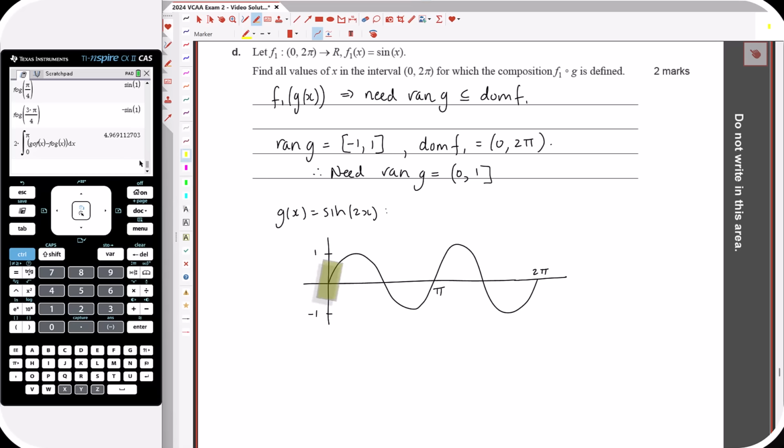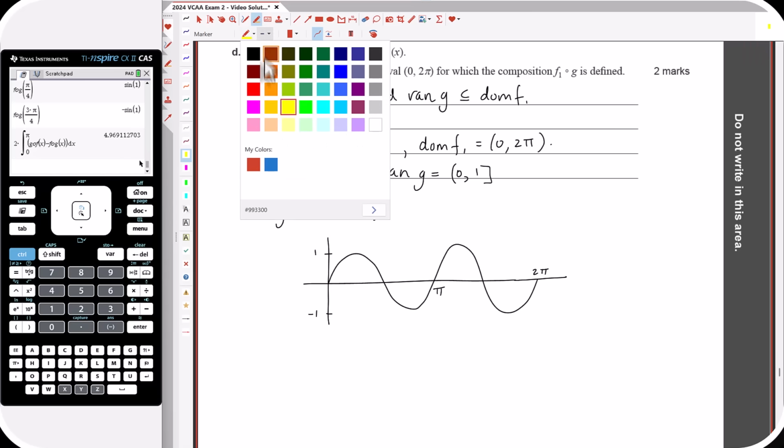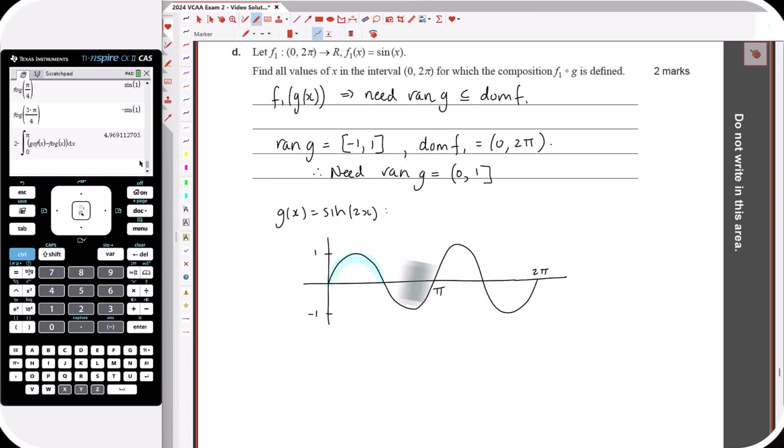So we only want these bits here, not inclusive of those points on the x-axis. So we only want this bit and this bit. That's obviously pi on 2, and that's going to be 3 pi on 2. So therefore, x is an element of 0 to pi on 2 in union with pi to 3 pi on 2.